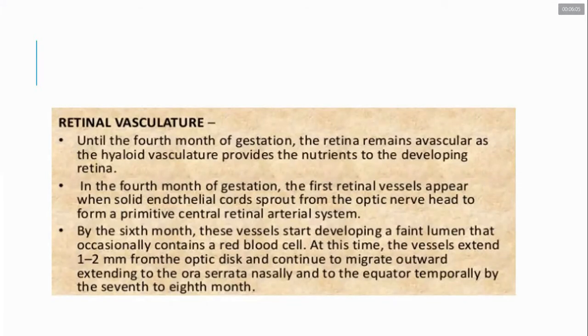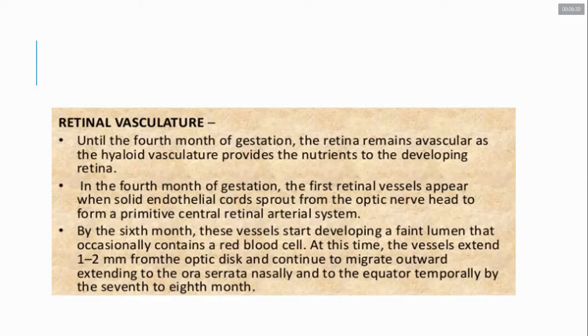So about the retinal vasculature, until the 4th month of gestation the retina remains avascular, as the hyaloid vasculature provides the nutrients to the developing retina. So during the first trimester and even the beginning of the second trimester, the retina is avascular and the nutrition is provided by the hyaloid vessels.